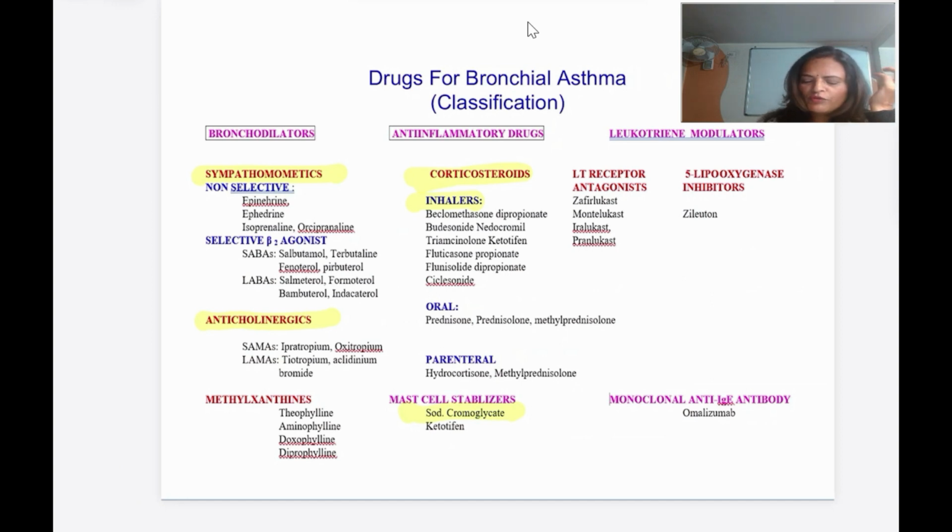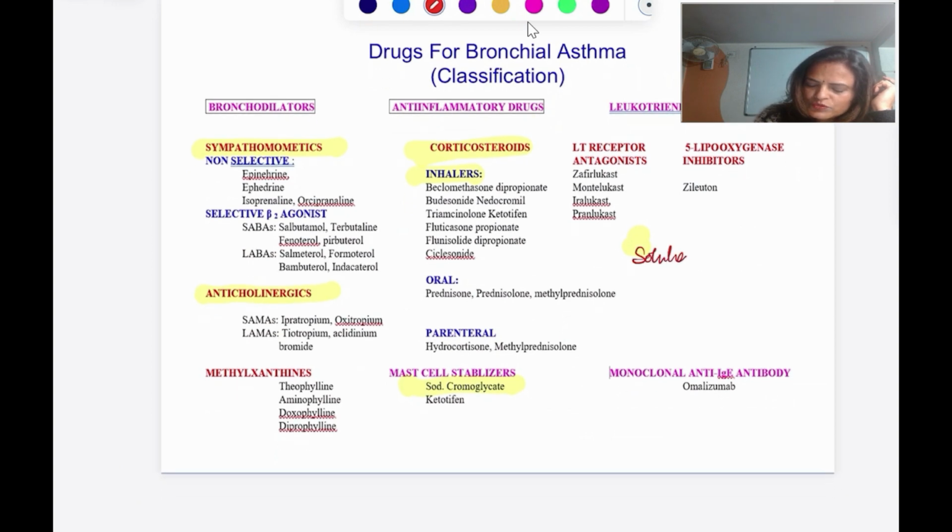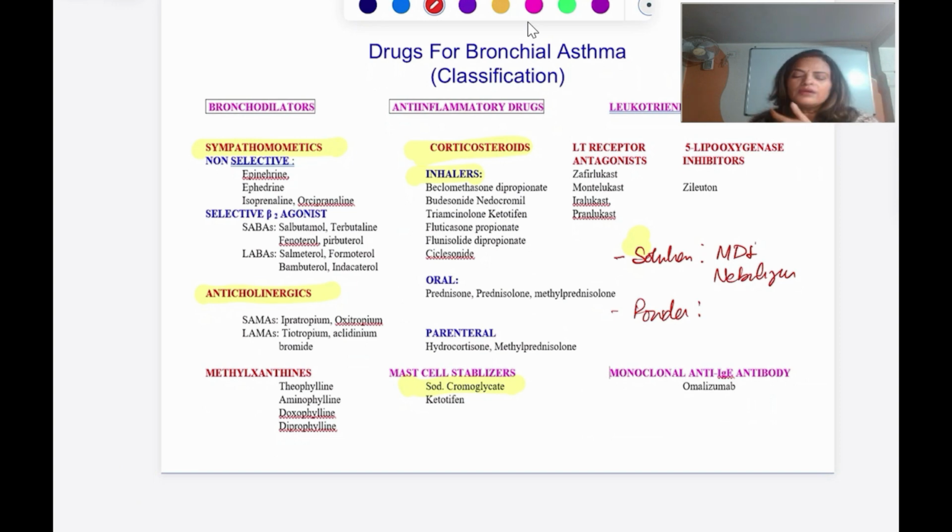In solution form, we have the pressurized metered dose inhaler and the nebulizer. And where the drug is available in powder form, we have the spinhaler and the rotahaler.